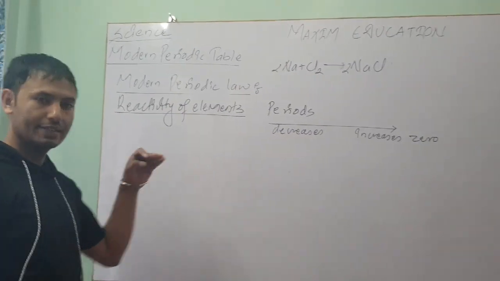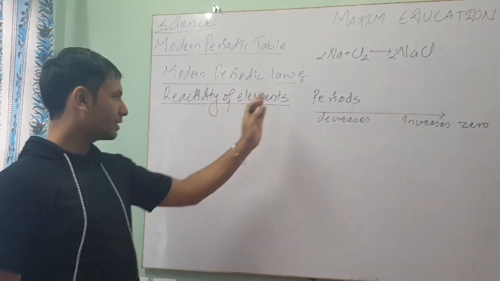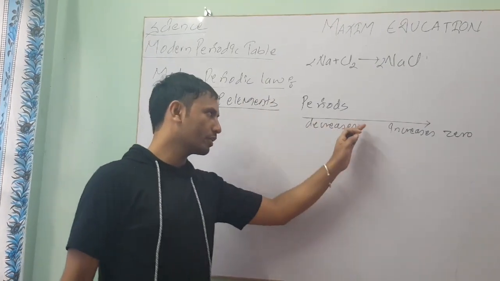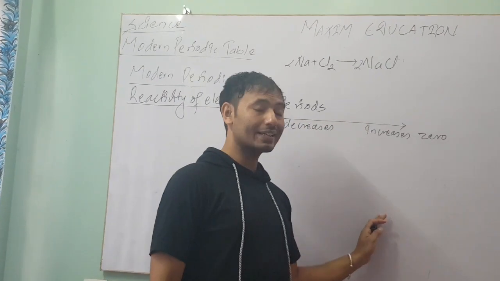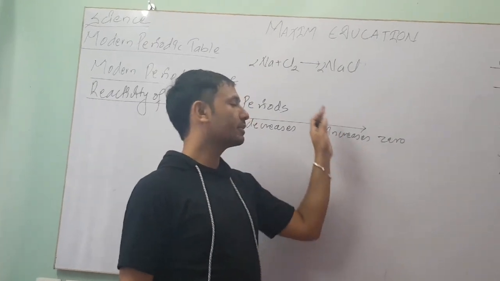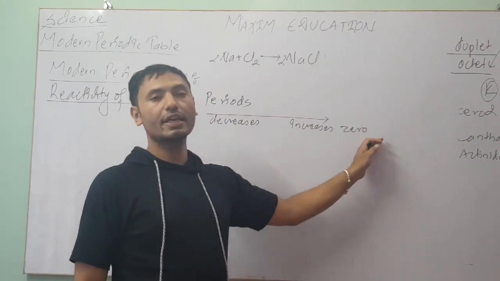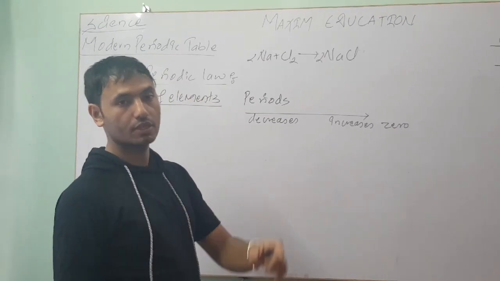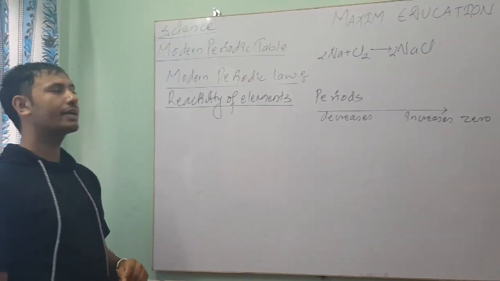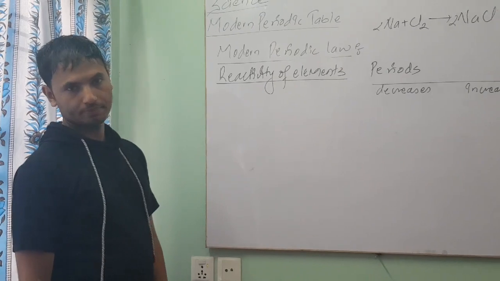First it decreases. First highly active metals are here. Then the reactivity decreases. And highly active non-metals come where the reactivity increases again. And when inert gas comes, the reactivity finally becomes 0. This is how the reactivity goes in the modern periodic table.